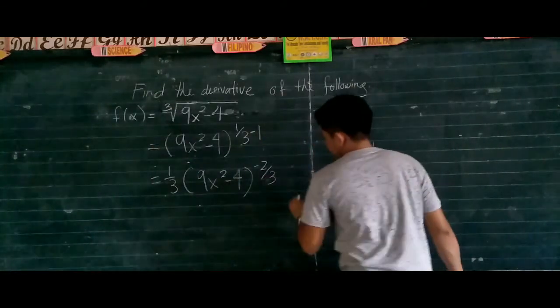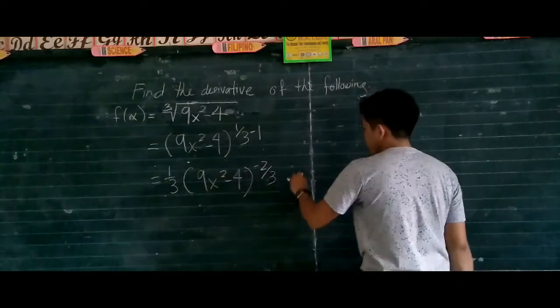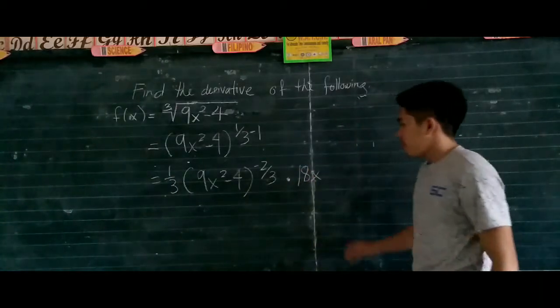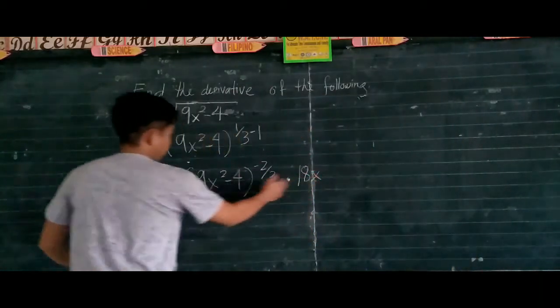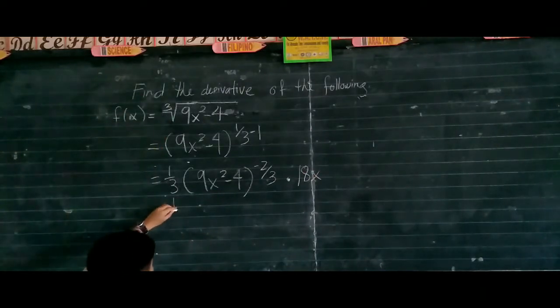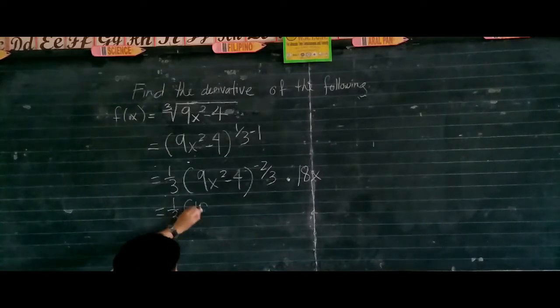Then multiply it to the derivative of 9x squared minus 4, which is 18x. After that, we're gonna bring down 18x here and bring it to the left side in order to multiply it to 1/3. So we have the 18x.